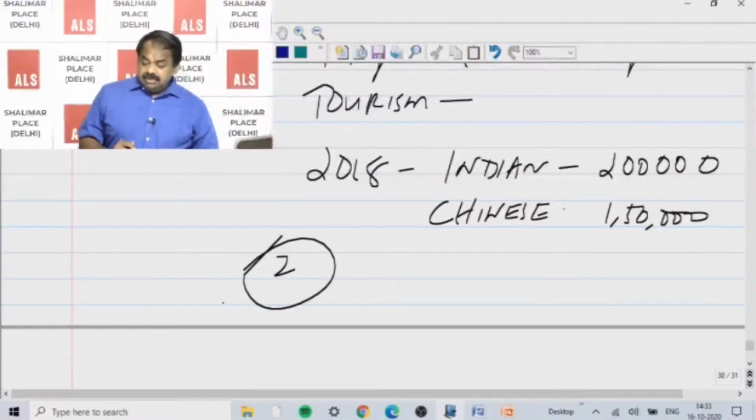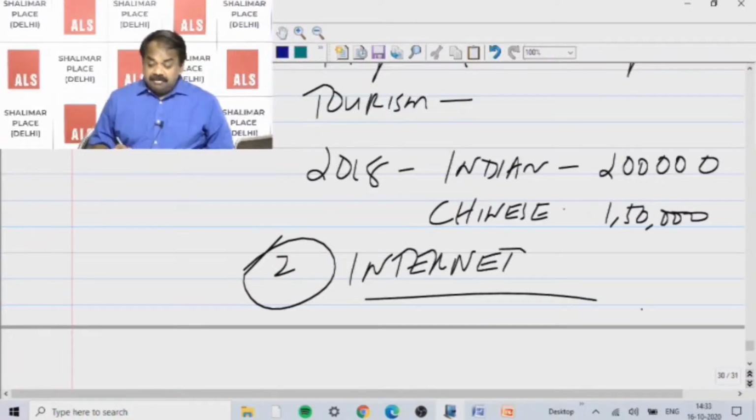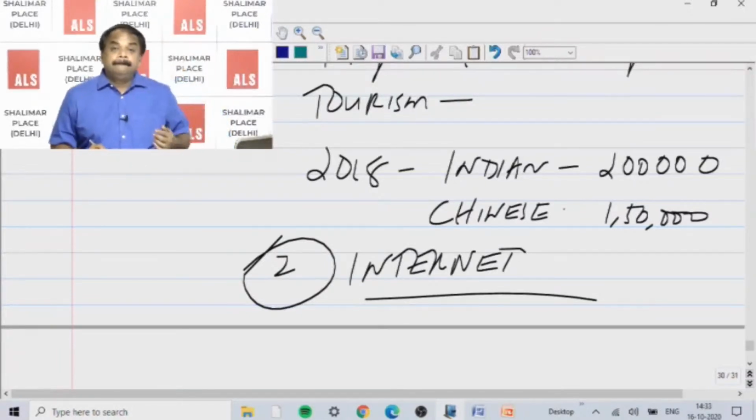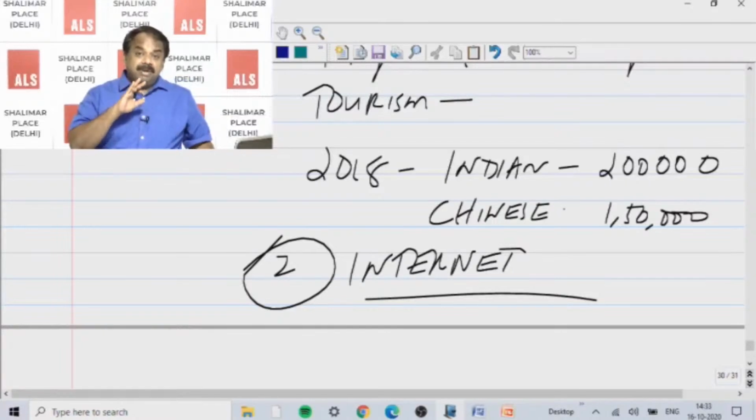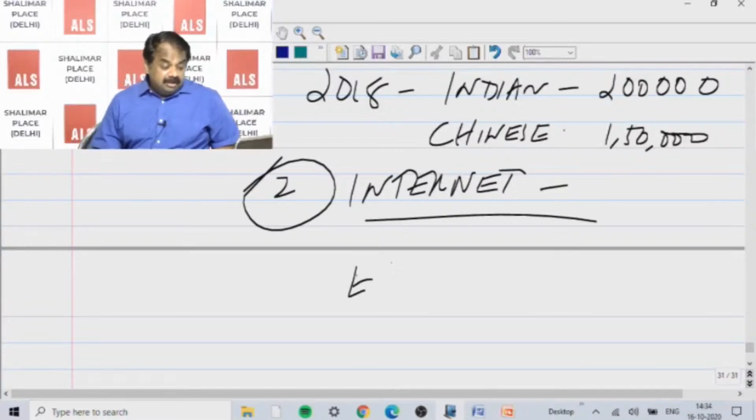The second point is the technology and the internet, the role of internet in the financial aspect especially. Geography has been made redundant because of the internet and the electronic transfer of money.